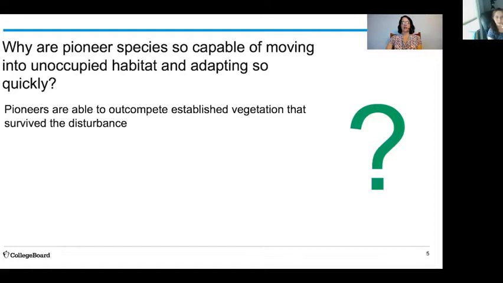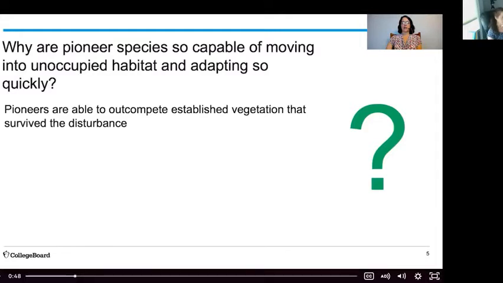And Isla's, she's testing the limits of my vision, but I can tell it said lichen, and that is correct. Well, for one thing, they're really good competitors, and they're often able to outcompete established vegetation that survived the disturbance. They tend to have a very broad ecological tolerance. They can survive in a broad range of abiotic conditions, and if we have some type of disturbance, we're probably going to alter those conditions.